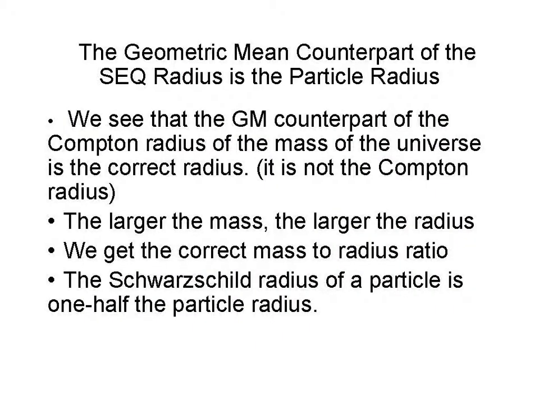Let's look at one more argument supporting the idea that it's the geometric mean counterpart of the Compton radius that is the particle radius. And this deals with the Schwarzschild radius of a particle. As a bit of a reminder, we talked about this in the first paper in particular: the hyperverse, this being the surface, this is the universe, is expanding at 2c.